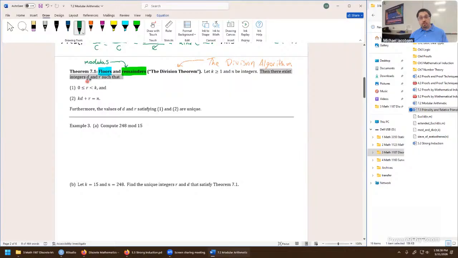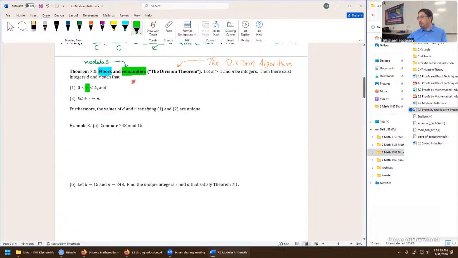There will exist integers d and r satisfying two equations. R might make you think of remainder. That's what it is in this problem. The remainder is either 0, that's if the division is even, or it's strictly less than k, the thing we're dividing by. R is essentially the modulus in this problem.